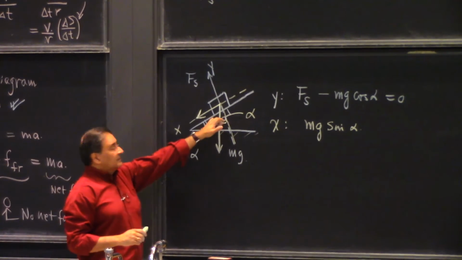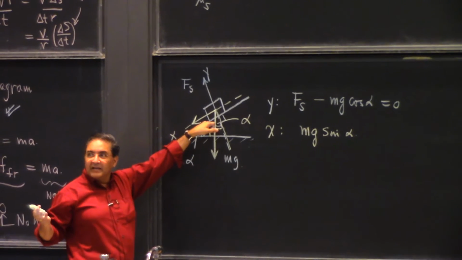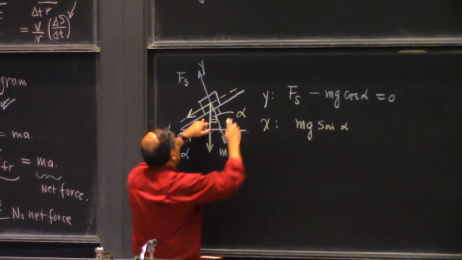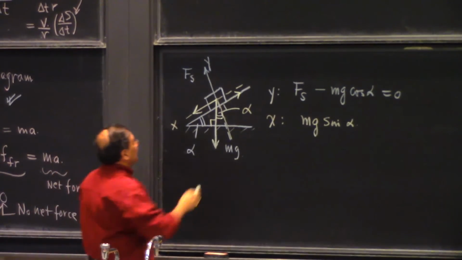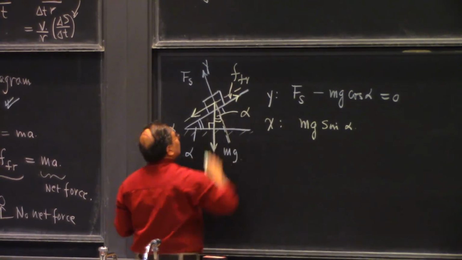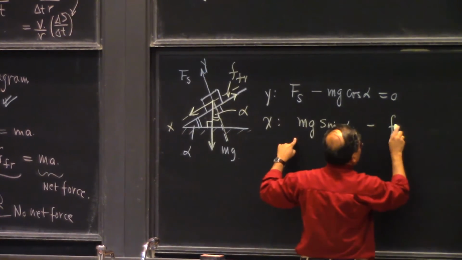So clearly, if this is a block made out of any normal material, there will be a friction force. And if there's a friction force, it will oppose the motion. So I can call this my F friction. Then I have mg sine alpha minus F friction.